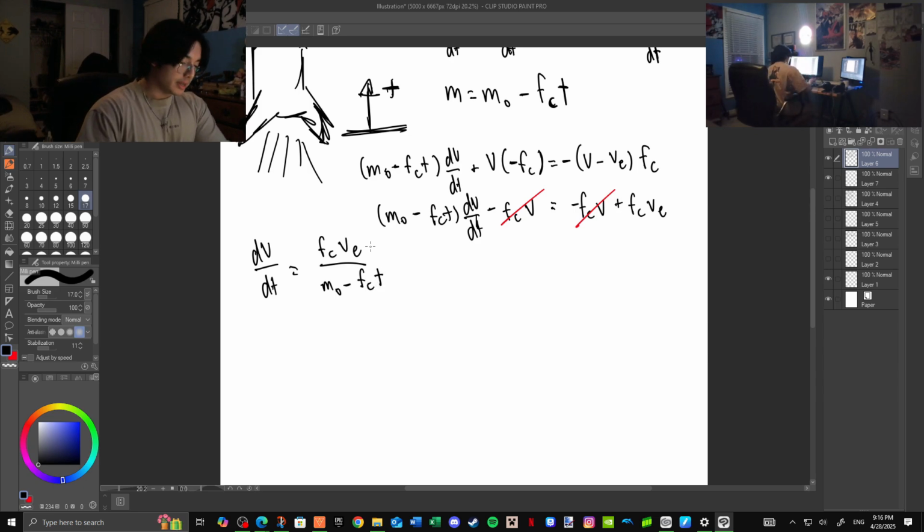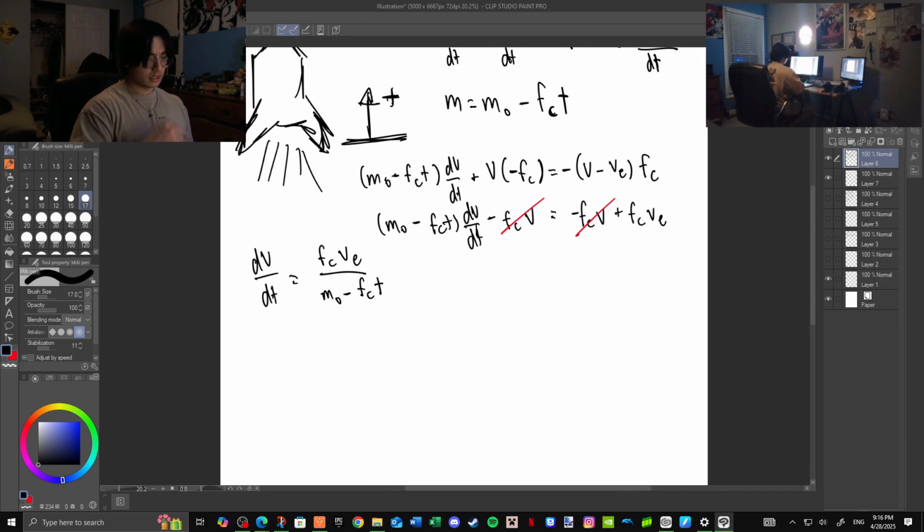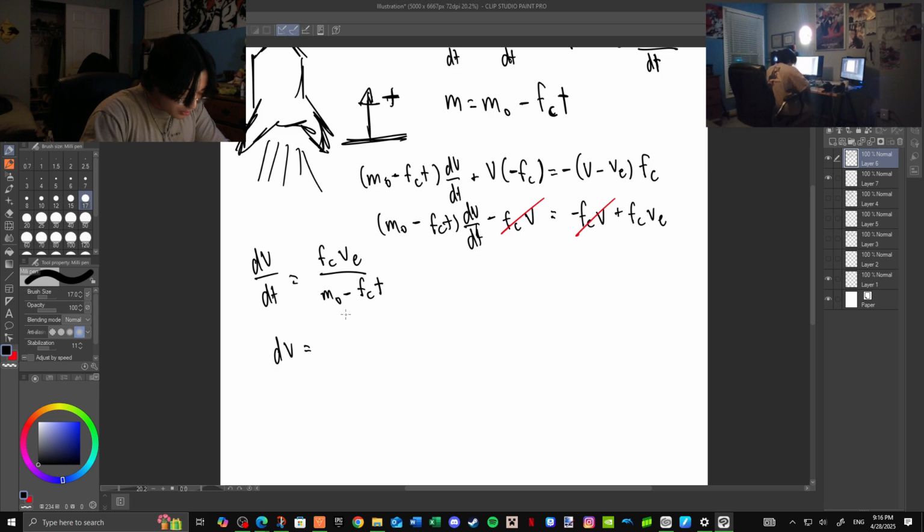Here's the point where we can actually set up an integral to get the expression for the velocity of the rocket. So what we do, we can multiply both sides by dt, so that we get rid of dt on the left and move it to the right. So we can set up the bounds of the integrals.